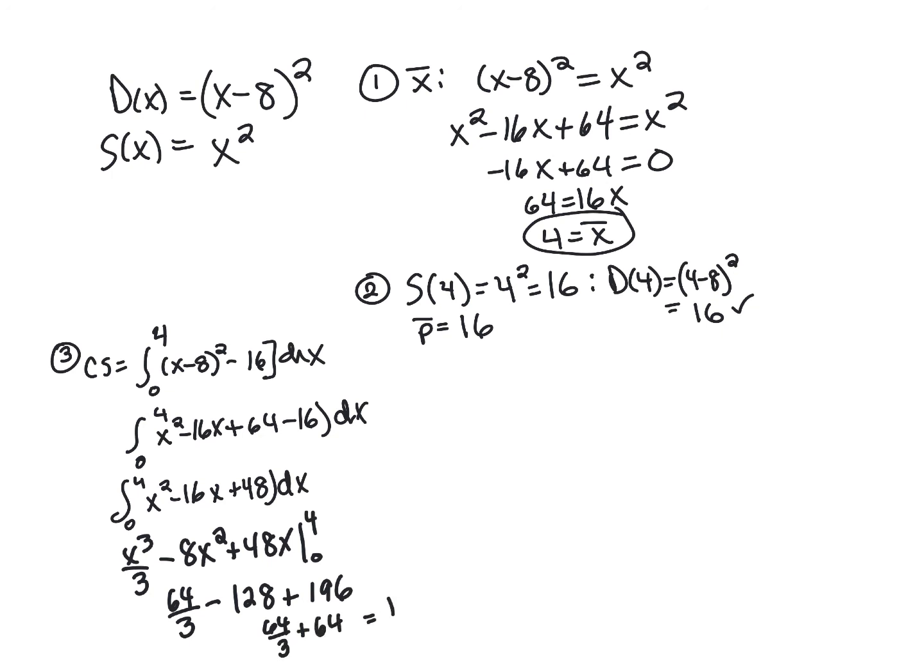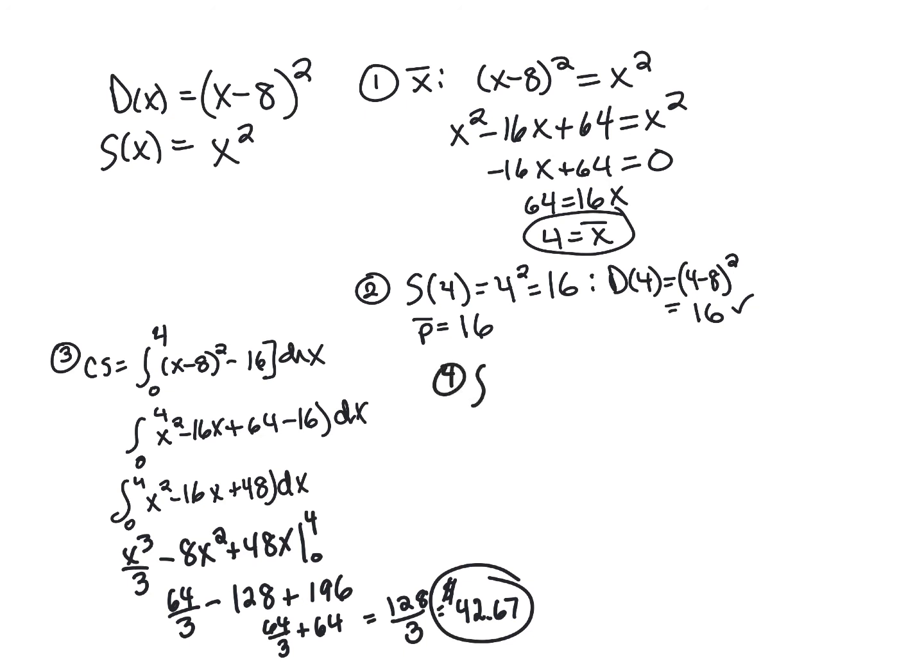This is going to give me 128 over 3. And this is money, so 42 2/3 dollars and cents. And there's my consumer surplus.